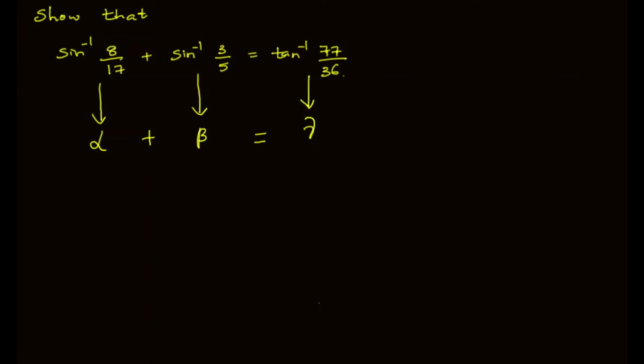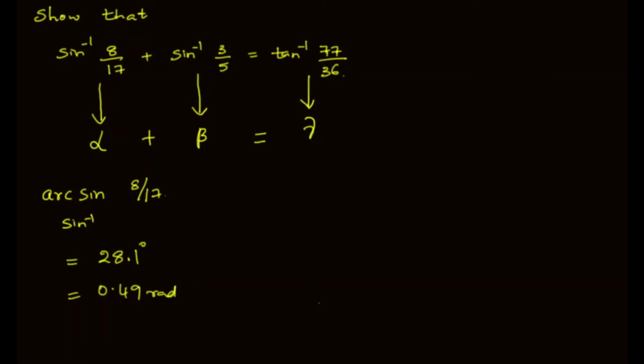If you use a calculator which has inverse trigonometric functions in it, there would be something called arc sine or directly sine inverse. Plug in 8 by 17 or the equivalent in decimals, and you would get 28.1 degrees, or in radians 0.49 radians.